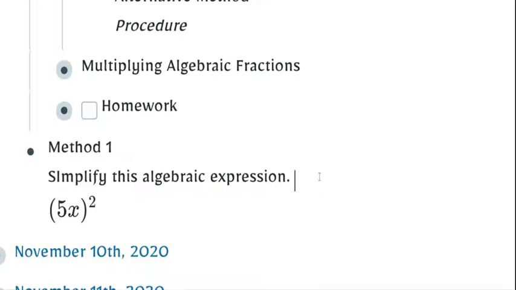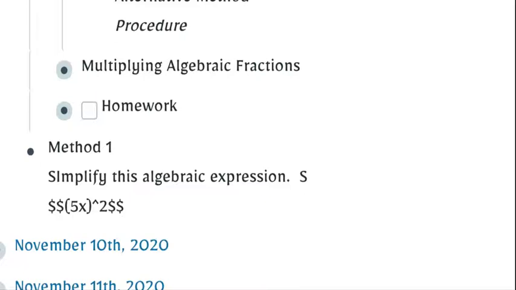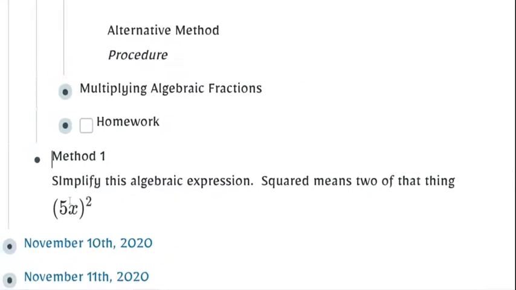Let's go back. If we say something is 2, correct? So squared means you have 2 of that thing. So in this case, we have 5x. That means we have 2 of 5x, correct? If it's squared.